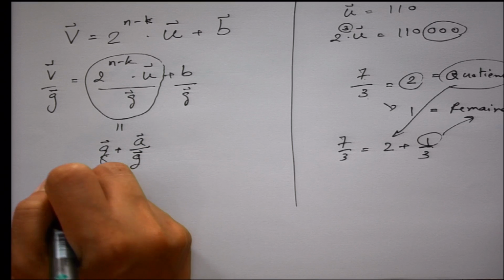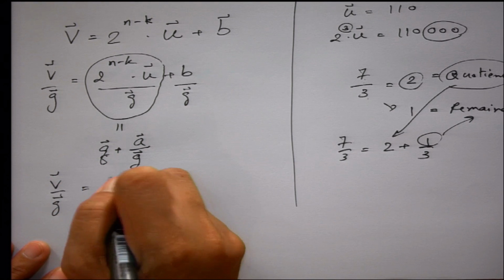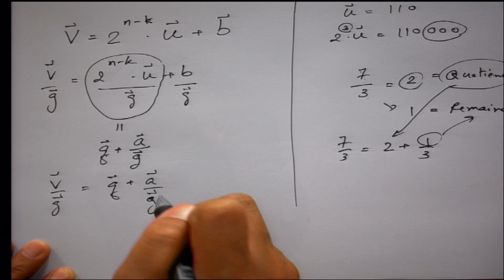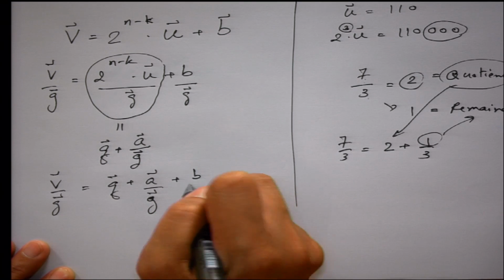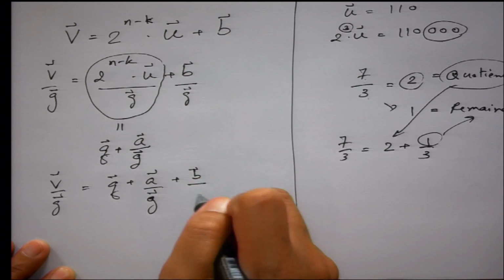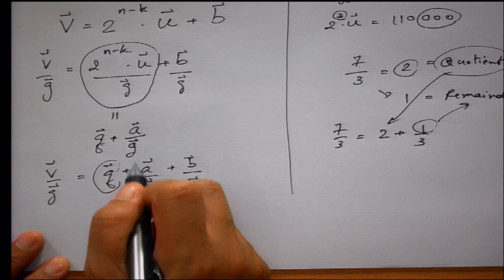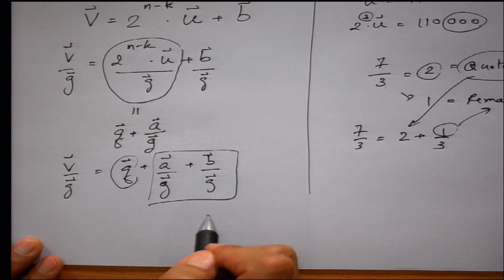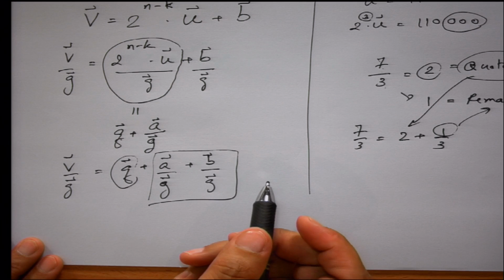So you have the formula looking like this. It's a sequence or a vector, so I put vector symbols here. Now you have a quotient here, and you have A over G plus B over G. Now you want V divided by G to have no remainder.